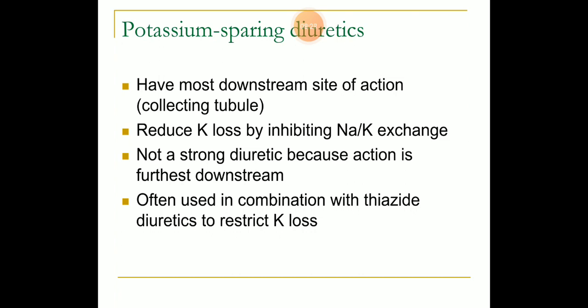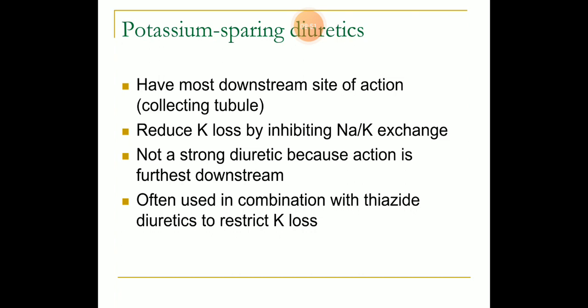The urine is slightly alkalinized. The effect on urinary electrolyte pattern is superficially similar to spironolactone, which is another kind of potassium sparing diuretic, but their action is independent of aldosterone.